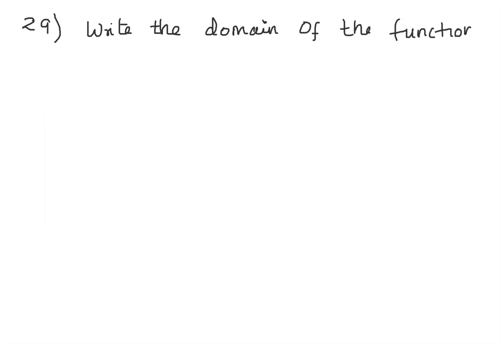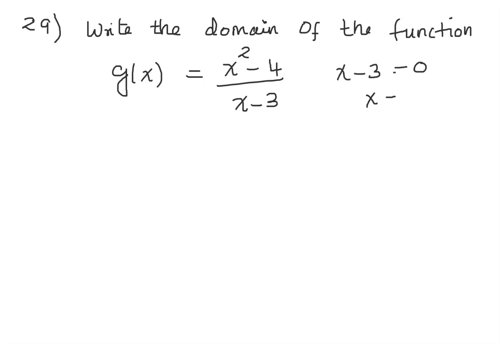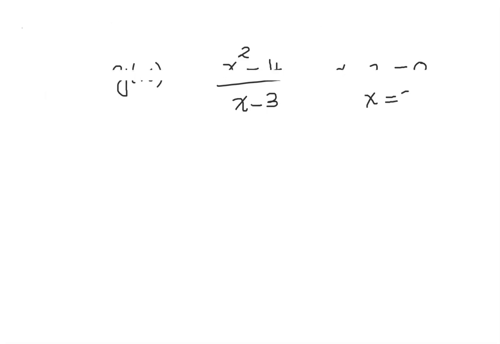So whenever you have a rational function, to find the domain, you have to check what makes the denominator 0. So the denominator is 0 means x is going to be 3. So this value 3 is not in the domain. Basically, x minus 3 is not equal to 0.